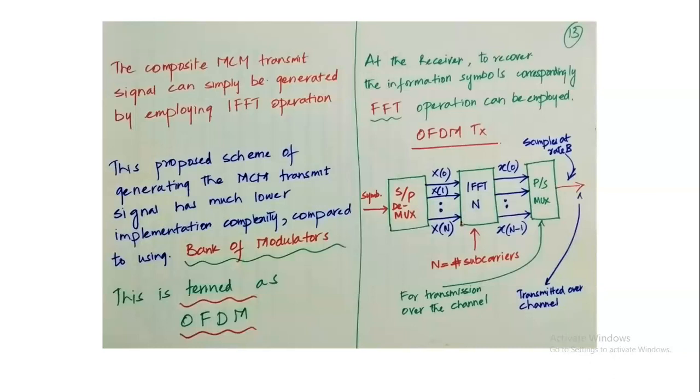If you replace those banks of modulators with simple, much less complex operations called IFFT and FFT at the transmitter and receiver respectively, this system is called the orthogonal frequency division multiplex system.